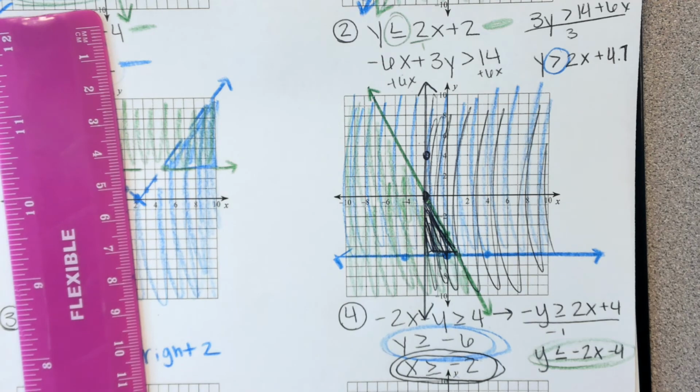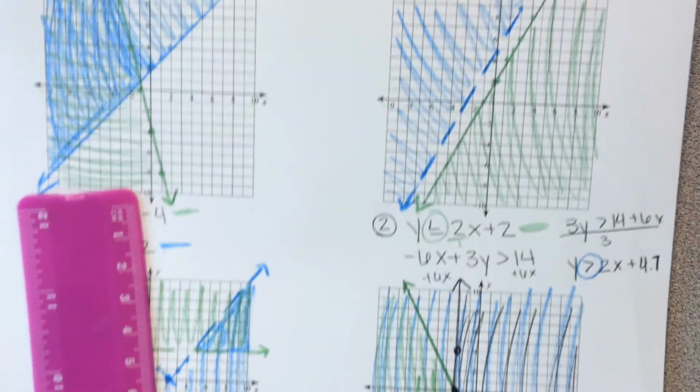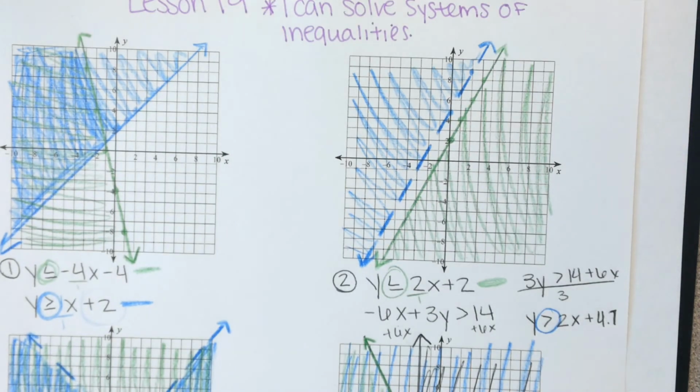Okay, now the only other type of problem that you'll see in this homework are ones where they say, is blank a solution to the system? So it'll say, like, is 5,2 a solution? And so what you would do is you would find that point on the graph and see if it's in that overlapping shaded region.